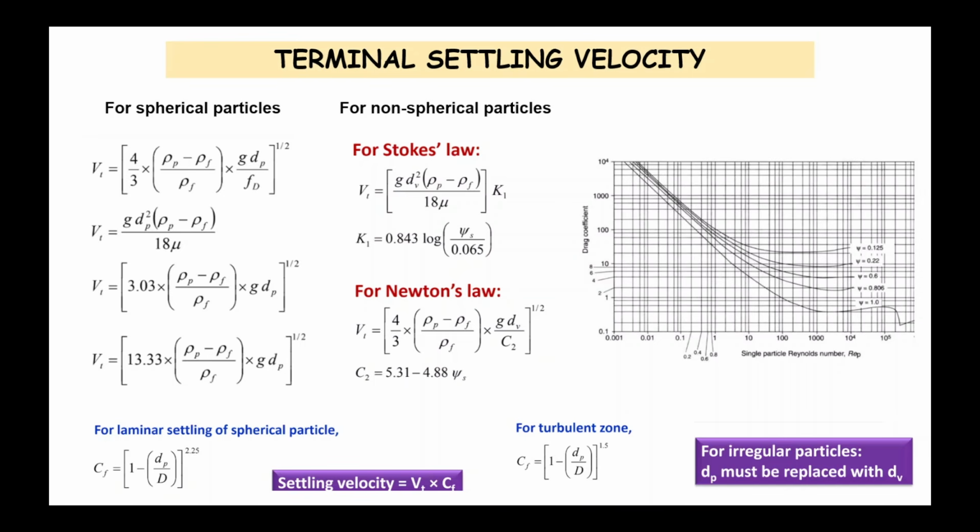For turbulent, the value is Cf equal to 1 minus dP by d whole power 1.5. If the particle is irregular, then dP will be replaced with dV, and this correction factor Cf needs to be multiplied to the terminal velocity to obtain the final settling velocity of the particle if it is non-spherical in nature, and if the wall effects are considered in the equation.